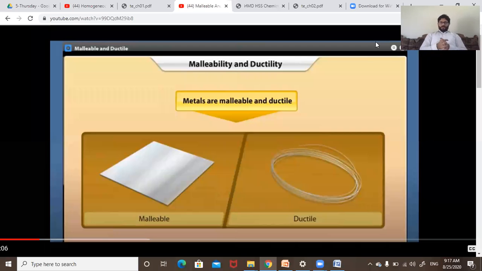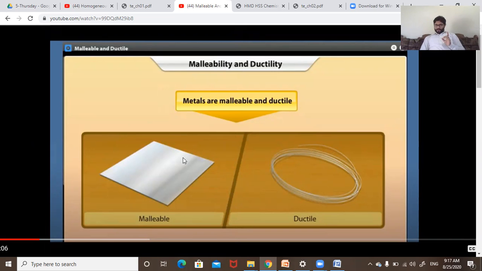Now, dear student, as I told you, metals are malleable and ductile. What does it mean? Malleable means that if we have a piece of iron or a piece of aluminum, both metals, when the metals are hammered, they convert into a thin sheet. The thin sheet is represented in front of you. This process is known as malleability.